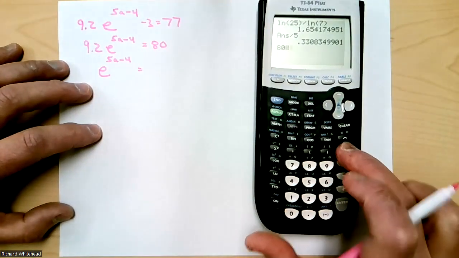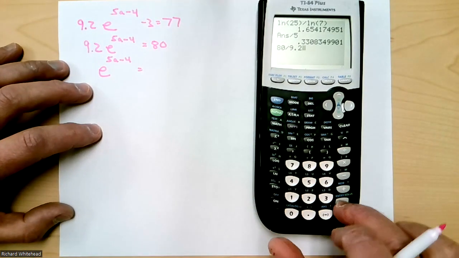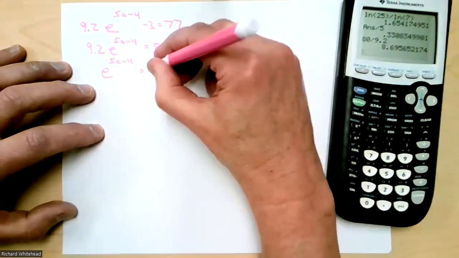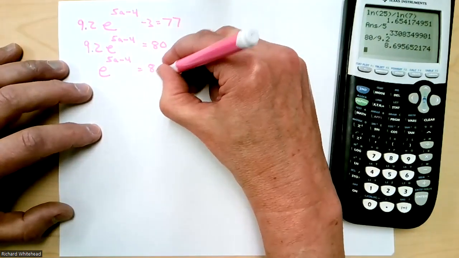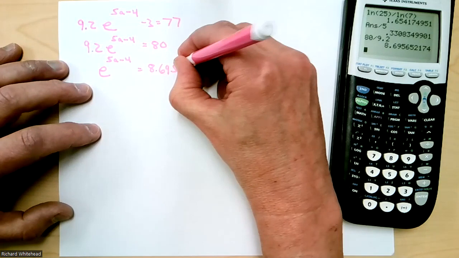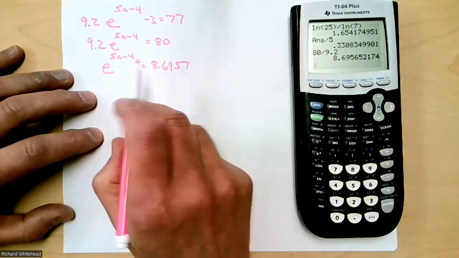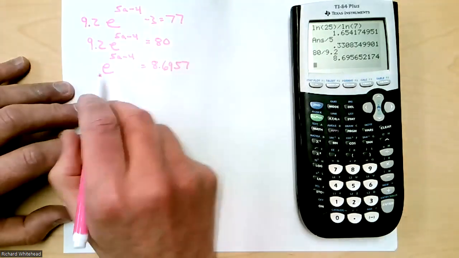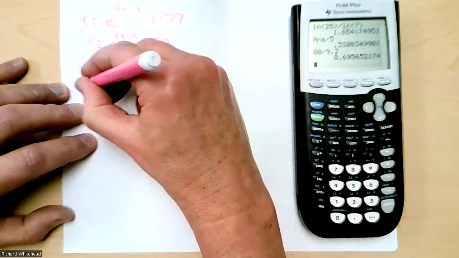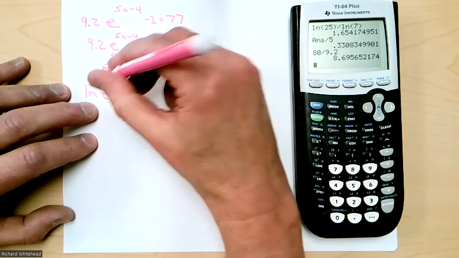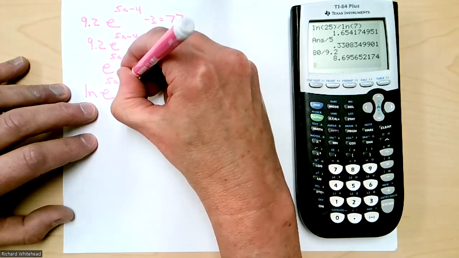So 80 divided by 9.2, it's going to be 8.6957. But I'm going to leave this on my calculator right now, because what's our next move here? Well, since it's base e, this is even easier. All I got to do is do an ln to both sides, because it's already base e.